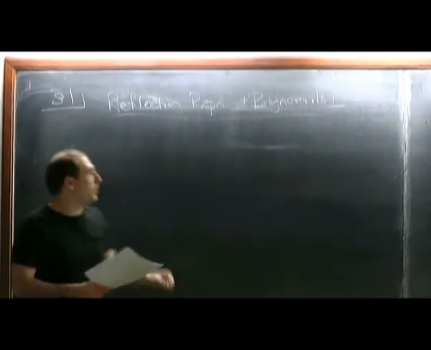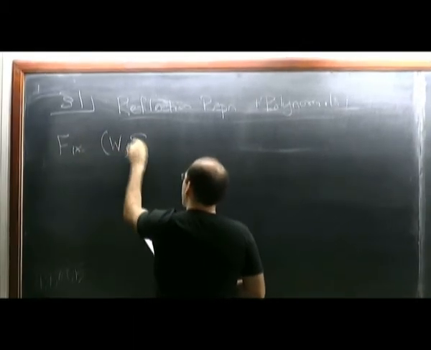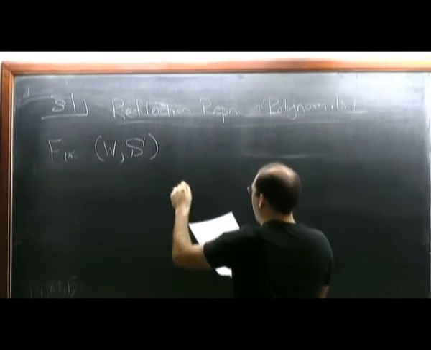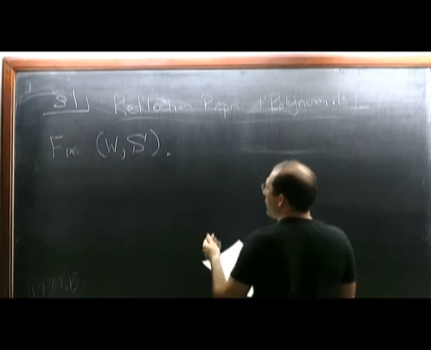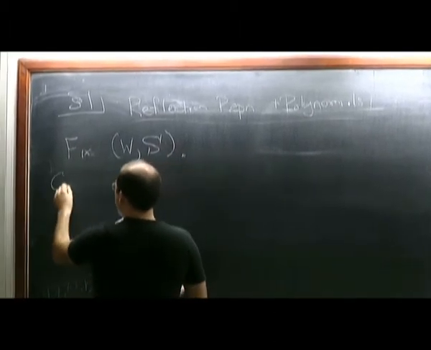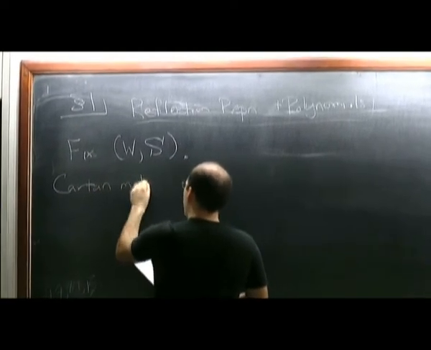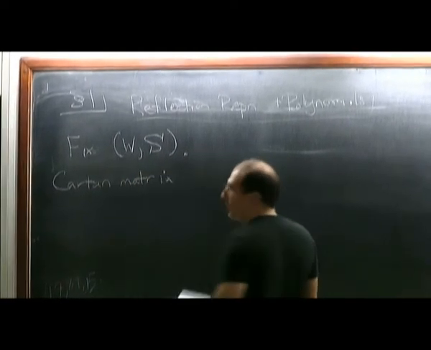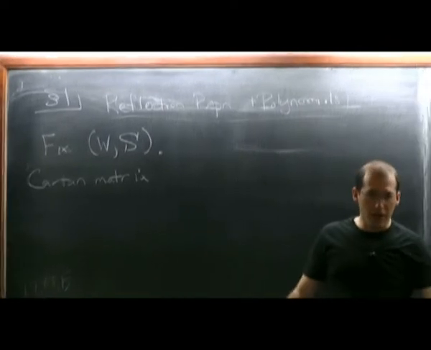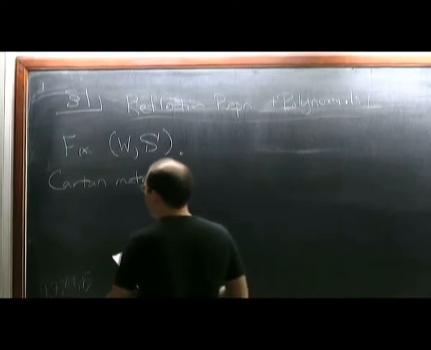So let's fix a Coxeter group with a choice of simple reflections. And we're also going to choose a Cartan matrix. Many of you are probably familiar with Cartan matrices for Weyl groups, although you can take a notion of a generalized Cartan matrix for any Coxeter group.